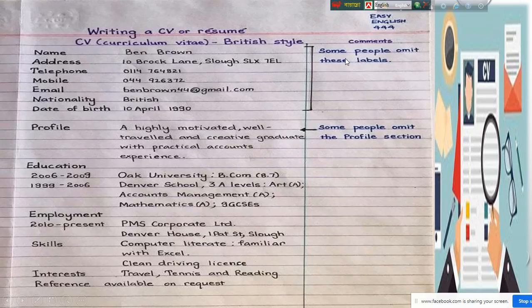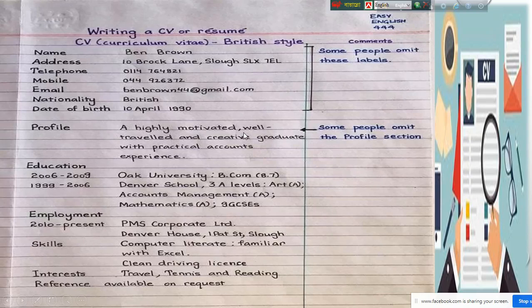You see, at the right corner of the page, your left, but in my right, some people omit these labels. Okay, so these are the personal information. Some people want to avoid this section, and you see profile. In case of profile, some people omit the profile section, and in some cases they omit the personal profile.